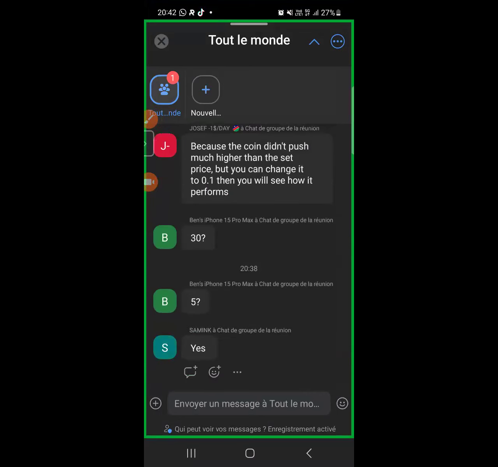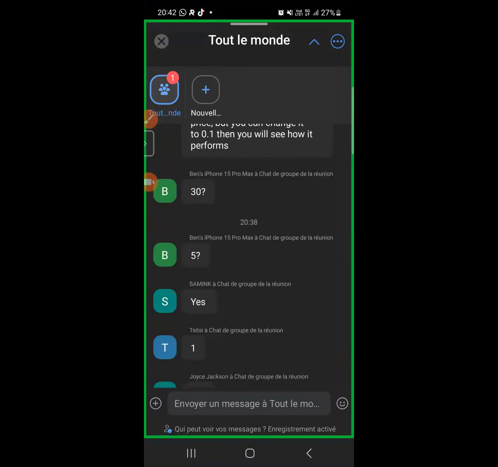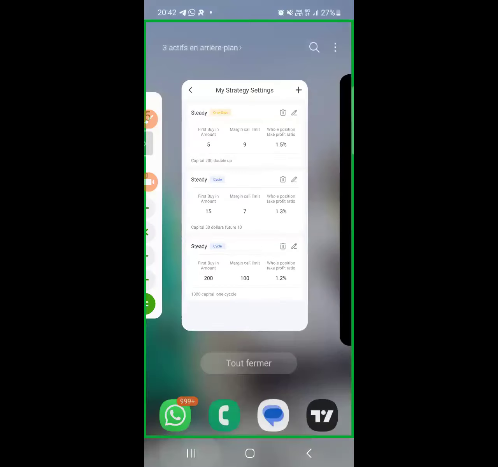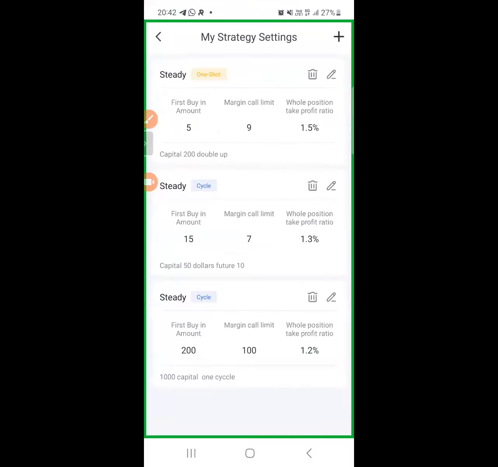So the $5, if you use this strategy, it is going to take your 200. Now, if you have big capital and you want to increase it, maybe 400, then you have to make the first buy amount $10.